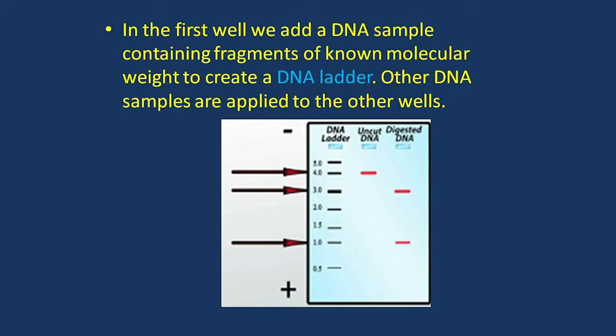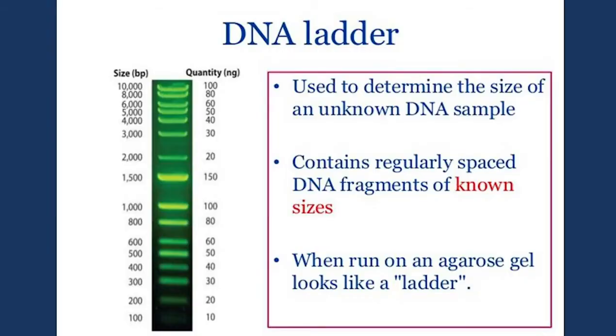In the first well, we add a DNA sample containing DNA fragments of known molecular weight to create a DNA ladder. Other DNA samples are applied in the other wells. A DNA ladder is used to determine the size of an unknown sample. It contains regularly spaced DNA fragments of known sizes. When run on an agarose gel, it looks like a ladder.